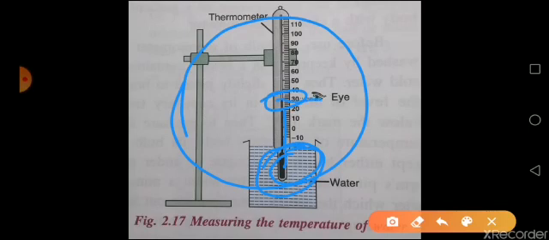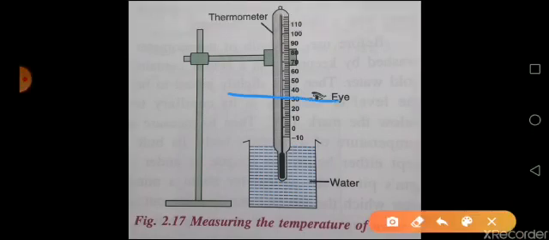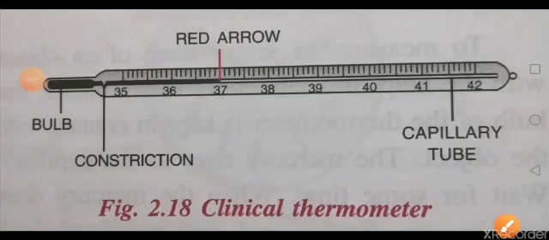As usual, it will stop at a point where the temperature of the given water will be. And as I told you when we learned about the measuring ruler, always take the reading from the straight end. Don't look at it from either of the sides. Keep your eyes straight to your reading and only then take the reading of your thermometer.